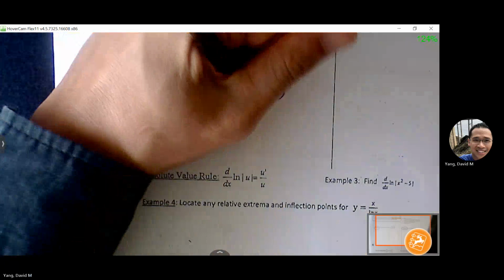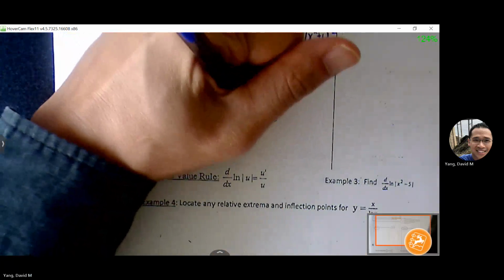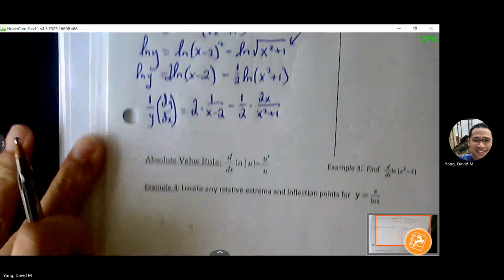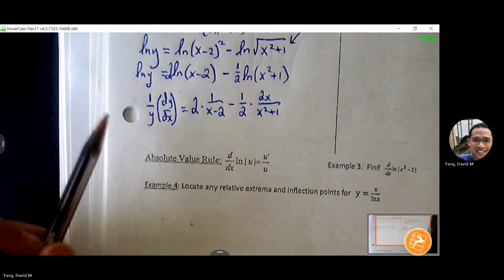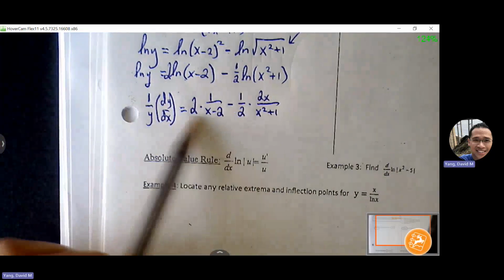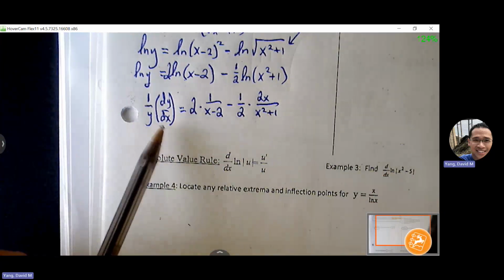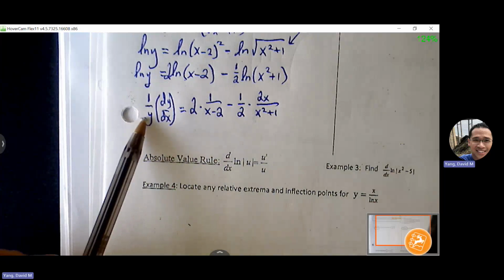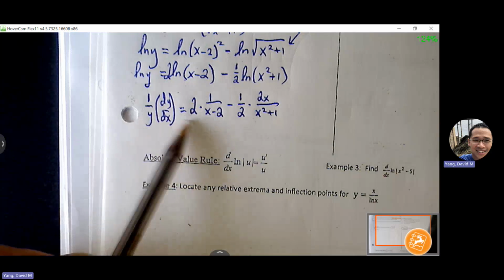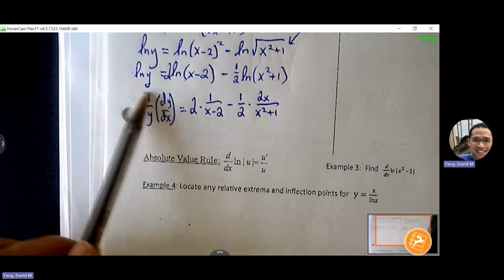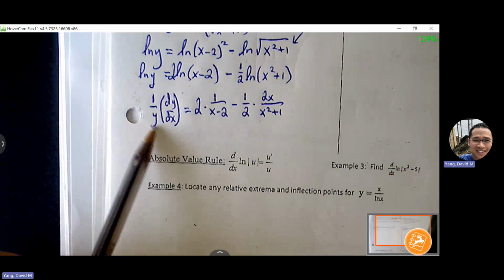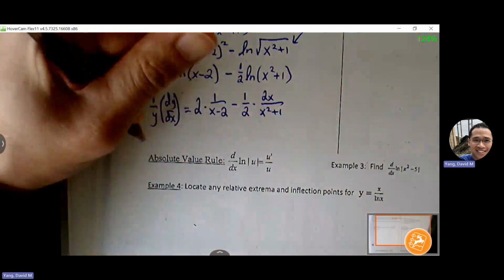Yep. Okay. I'm going to clean this up in a second, but basically this is our derivative, right? I want to solve for dy dx. That's my y prime, but I have to move this y over, right? So when this y comes over, dividing by a fraction is the same thing as multiplying by its reciprocal. So this y is going to come over to the right side as this.